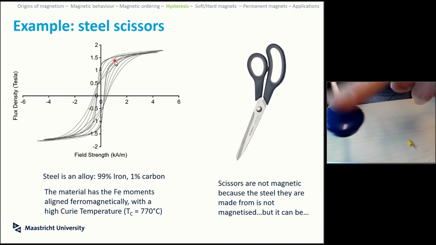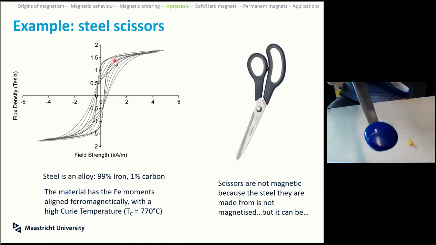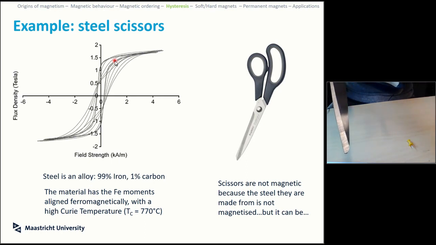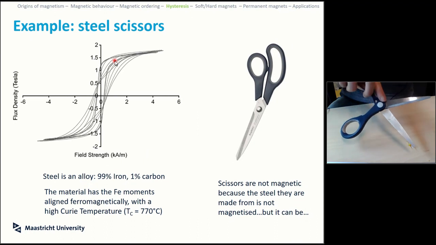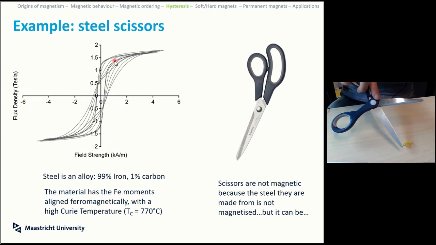So I'm imposing H, and I assume that by imposing H, I will bring all the magnetic domains into alignment with the magnetic field. Now that the magnetic domains are in alignment, my pin down here, can you see that now it is moving to follow?